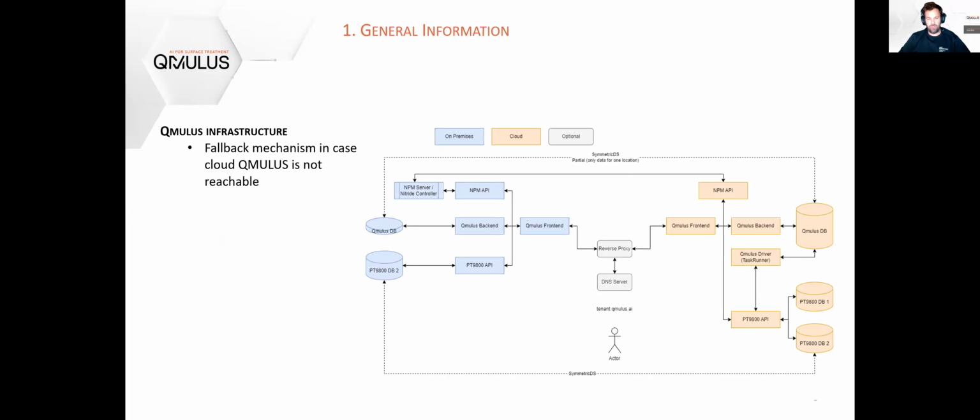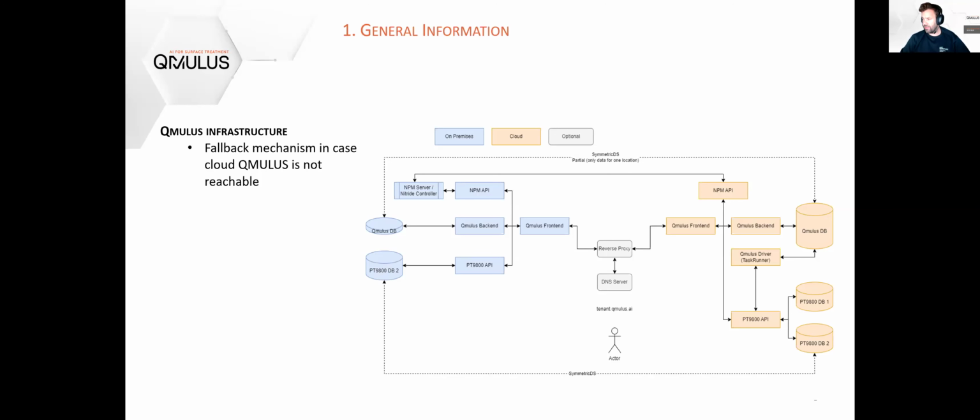So it will redirect you directly to the web server, which is hosted somewhere at your location. I said reduced QMULUS version since it's really reduced to what is needed for operations. There's no statistics, no machine learning, no AI. And you can just run your machines, you can run your processes to not disturb production.